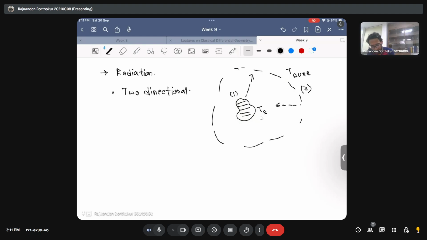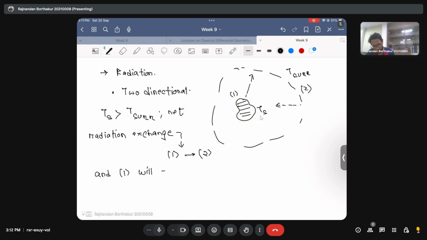The second thing is that if the temperature of the first body, body 1, is greater than the temperature of the second body, then we define something known as net radiation exchange, and this net radiation exchange will be from body 1 to body 2, until the two equilibrate.